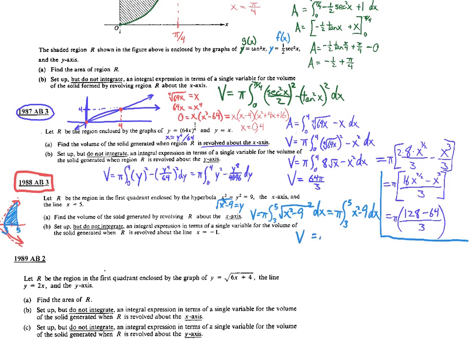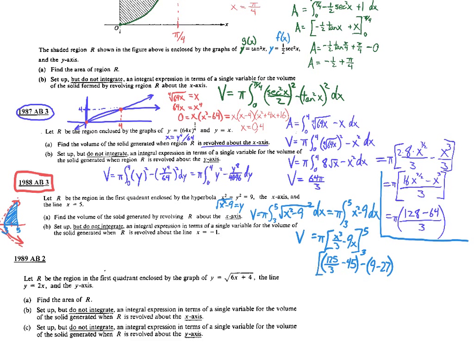Our volume is pi times x cubed over 3 minus 9x evaluated from 3 to 5. If I plug in 5, I'm going to get 125 over 3 minus 45, minus, when I plug in 3, I get 9 minus 27.